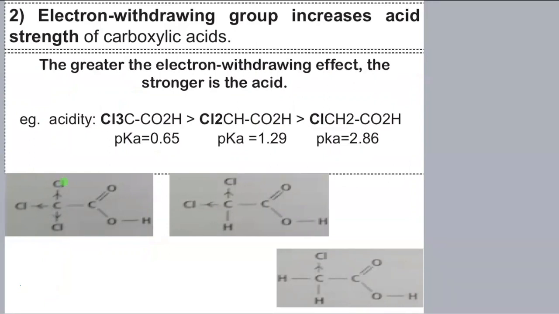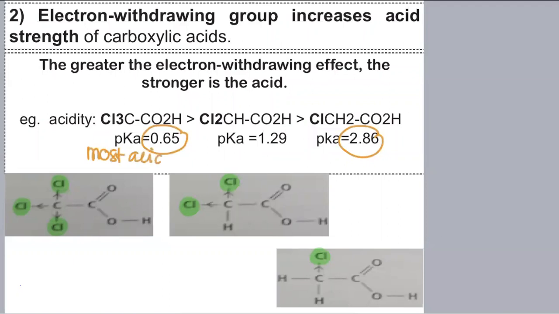We have 3 Cl here, trichloroethanoic acid. In the middle diagram, it's the dichloroethanoic acid, and the one on the far right is the chloroethanoic acid. Before we look at the structure, we can already look at the pKa value. The smaller the pKa value, the more acidic it is.